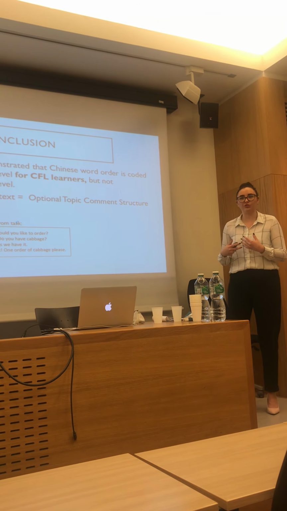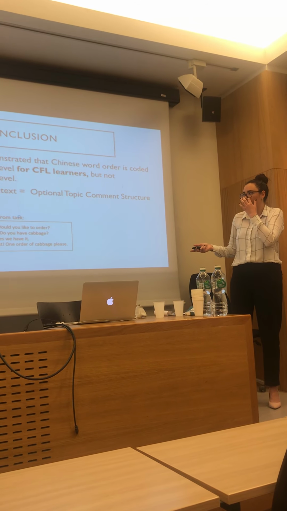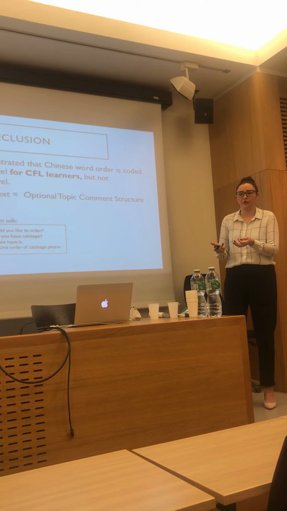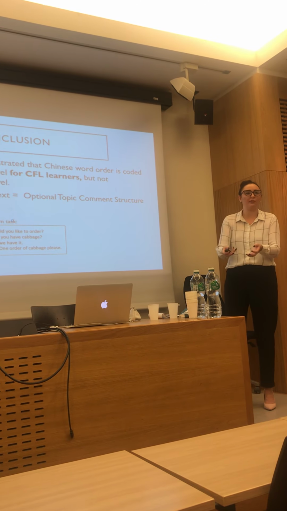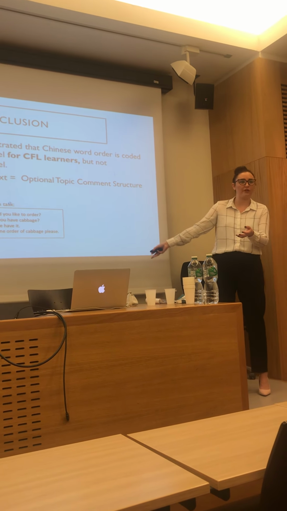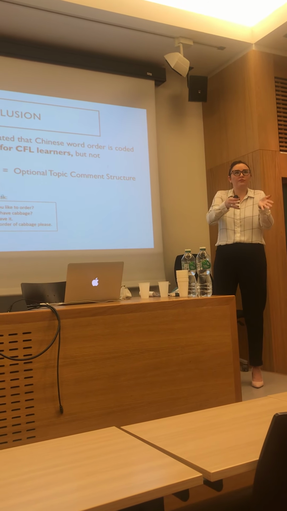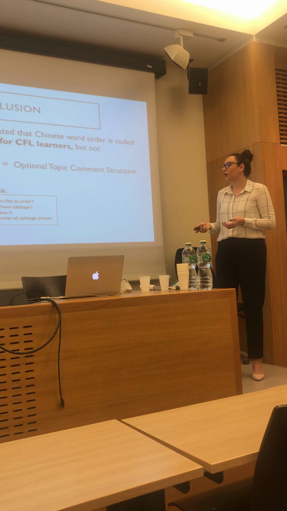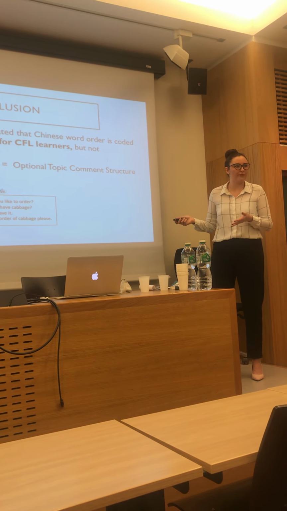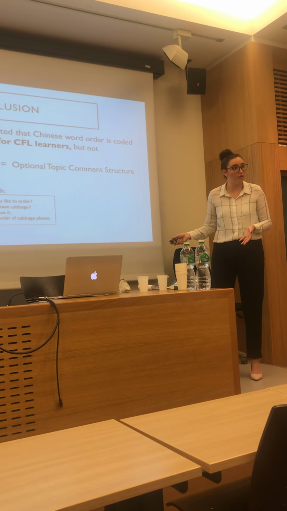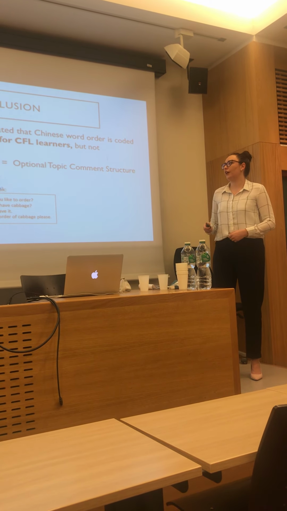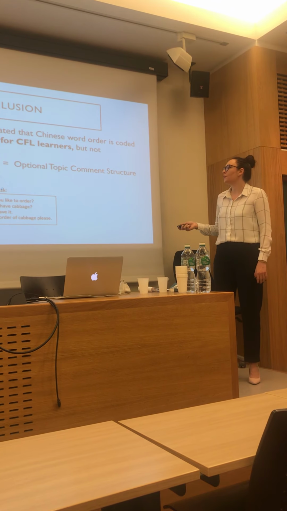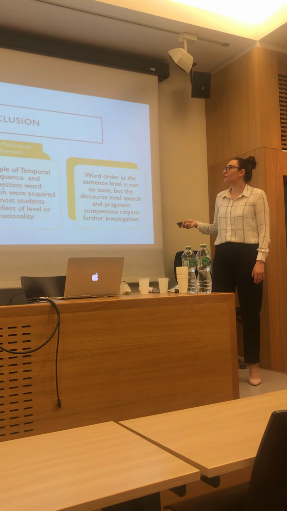So using the iconicity, for example, from the cognitive functionalist approach, you would think that it would prompt the use of topic comment structure using cabbage as the topic and then the comment of do you have it. So it would be cabbage, do you have it, bai cai you ma, something like that. But none of them actually used that structure at all. So that shows me that they are not prepared to have pragmatically appropriate conversations, even at the advanced level.